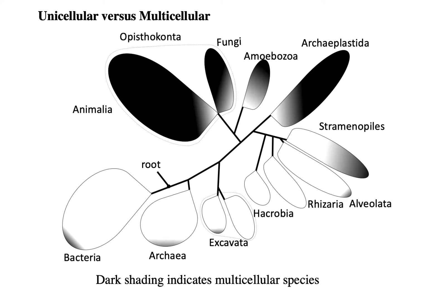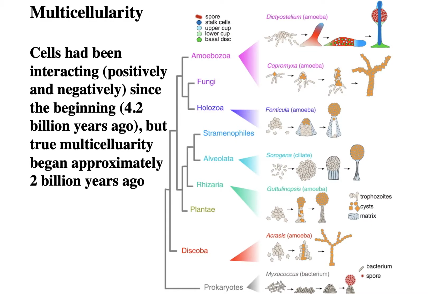But as you get up to plants, amoebae, fungi, animals, more and more representatives are multicellular. And so far I've talked mainly about the multicellular organisms. So as we work our way back from the present to about 1 to 2 billion years ago, a lot of the organisms have been multicellular, but there's still a lot of unicellular organisms out there also. In fact, probably more than the multicellular organisms.